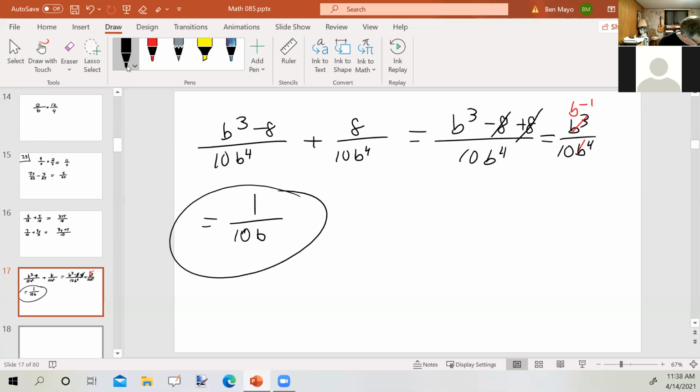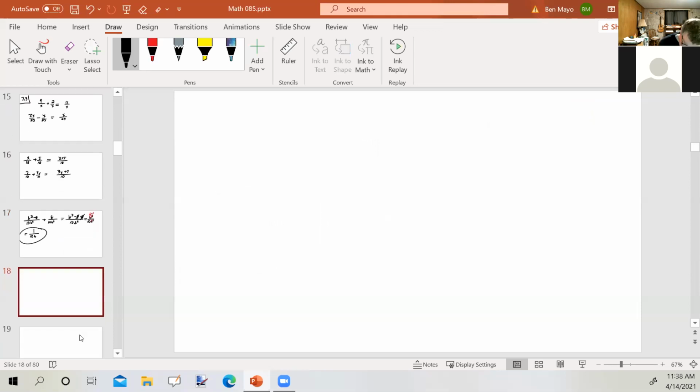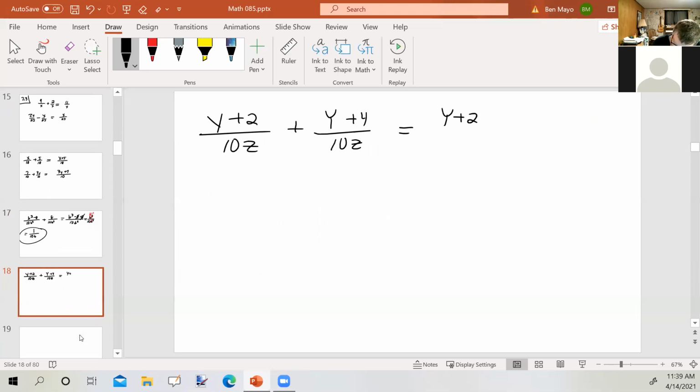Let's see here. y plus 2 divided by 10z plus y plus 4 divided by 10z. That's going to be y plus 2 plus y plus 4 over 10z, which is 2y plus 6 over 10z.